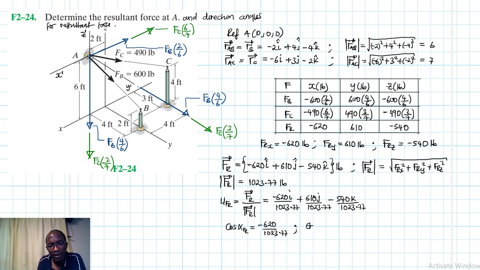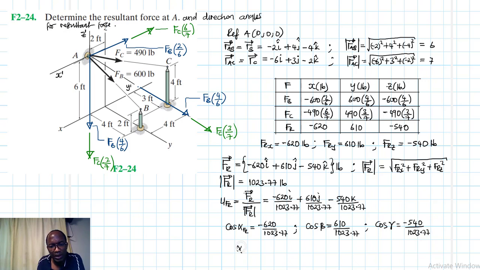Okay, and then cos beta is just equal to 610 divided by 1023.77, and then finally cos gamma is equal to minus 540 divided by 1023.77.